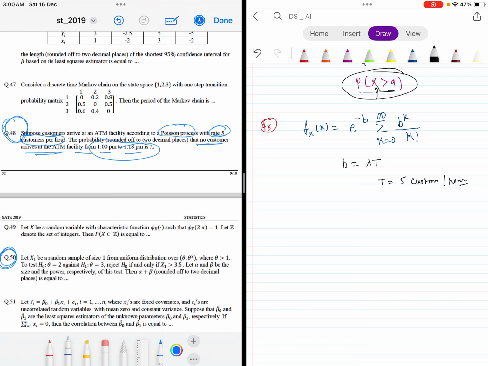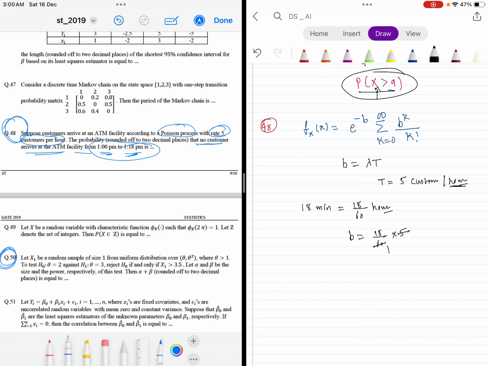It is 18 minutes, because from 1 p.m. to 1:18 p.m. is 18 minutes, and we should convert this into hours. So it will be 18 divided by 60 hour. From here we can find our value for b, that is 18 divided by 60 times 5.